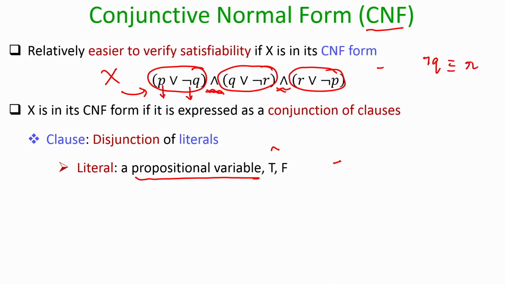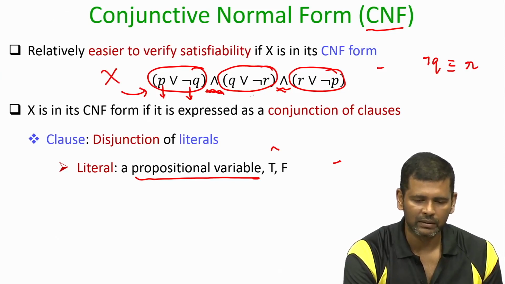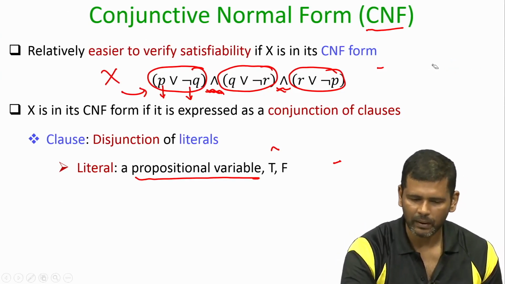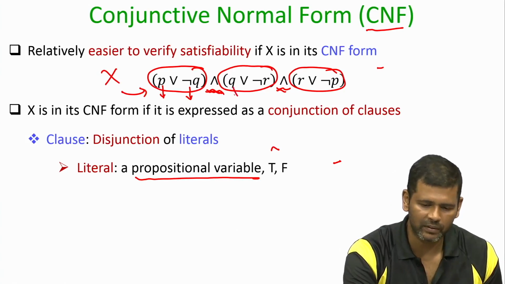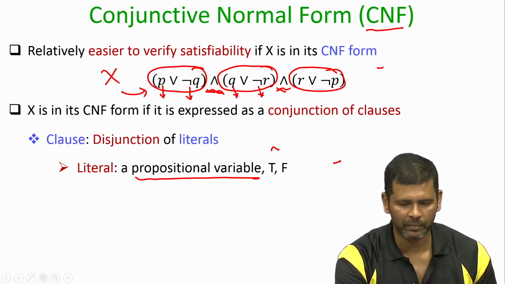So, you can imagine that I have the disjunction of P and R appearing here, and that is why it is a clause. In the same way, the second sub expression, namely the disjunction of Q and negation R, is also a clause. This is a propositional variable and negation of R is another propositional variable.